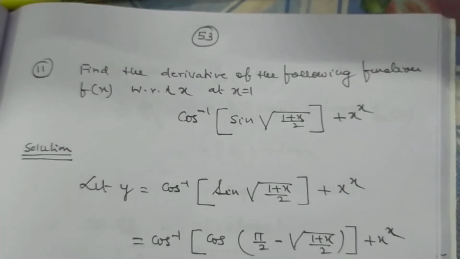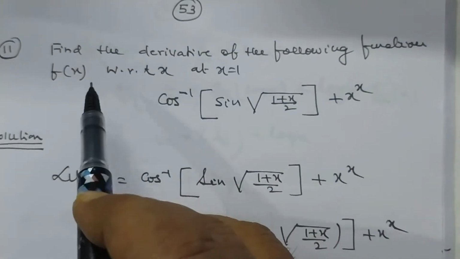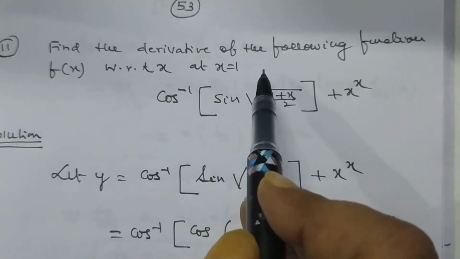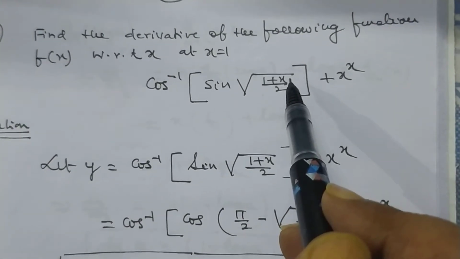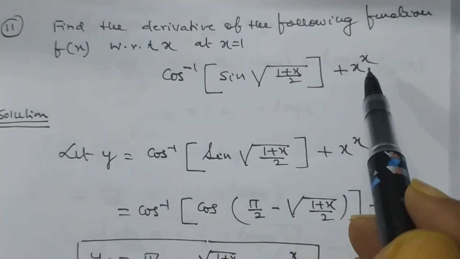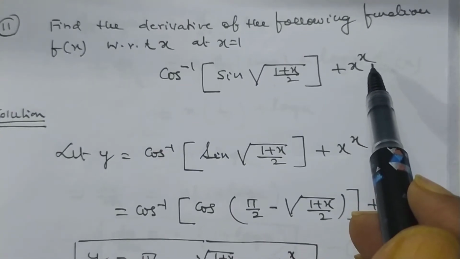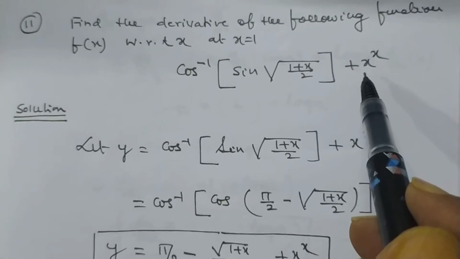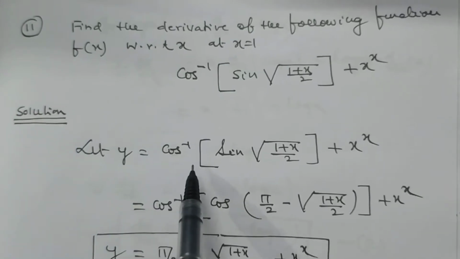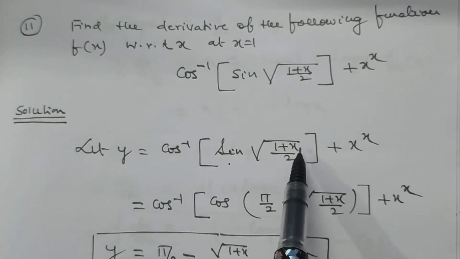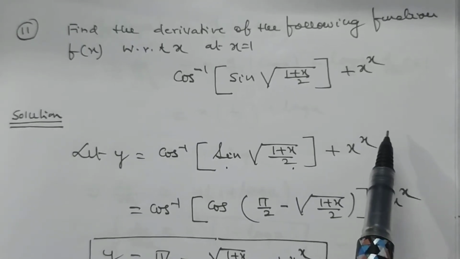My dear student, find the derivative of the following function f(x) with respect to x at x equal to 1: cos inverse sine of root over (1 plus x) by 2, plus x to the power x. Now, this is a combination of two types of functions. y is equal to cos inverse sine of root over (1 plus x) by 2, plus x to the power x.